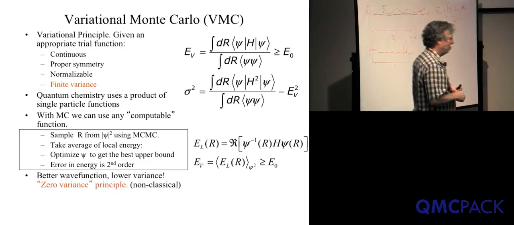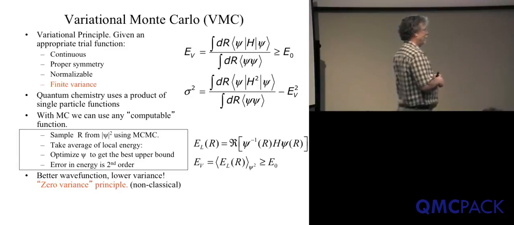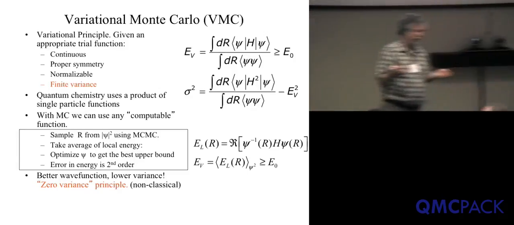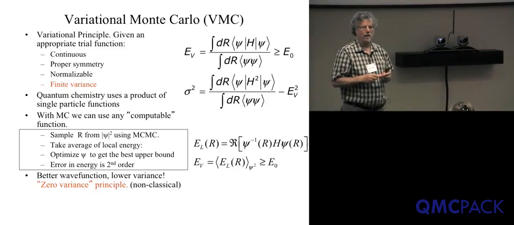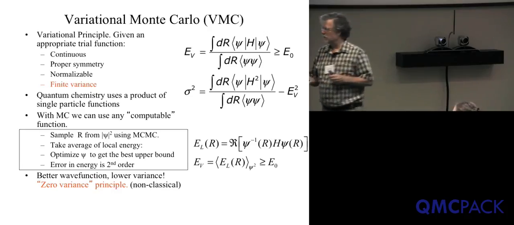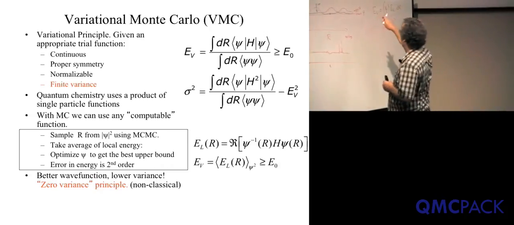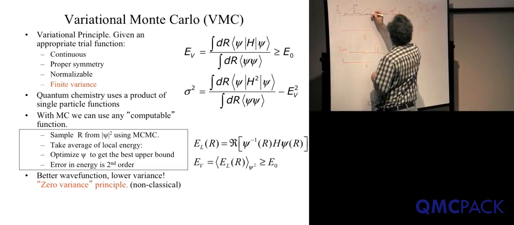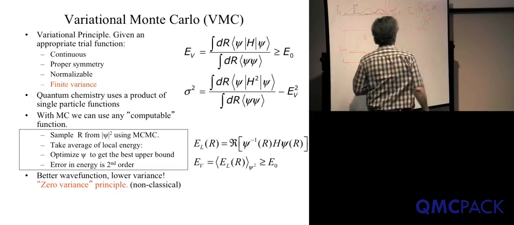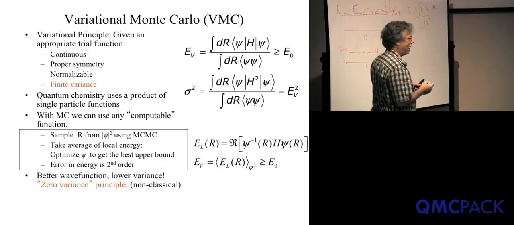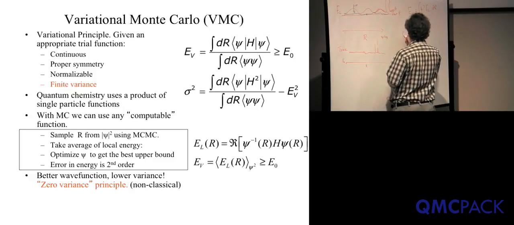And why can those spikes be there? Well, it could be just a computer problem, namely a bug, or it could be because your local energy has some really bad places. That is, H psi over psi. What happens if there's some big place where the wave function is really bad, because the local energy is H psi over psi?